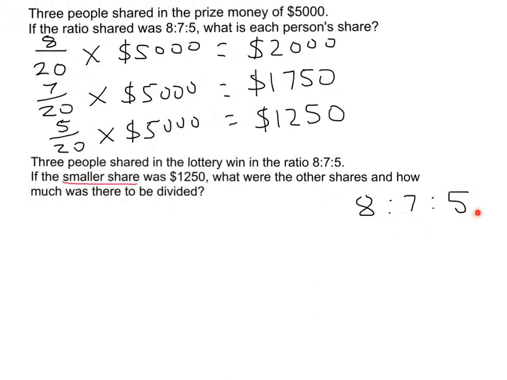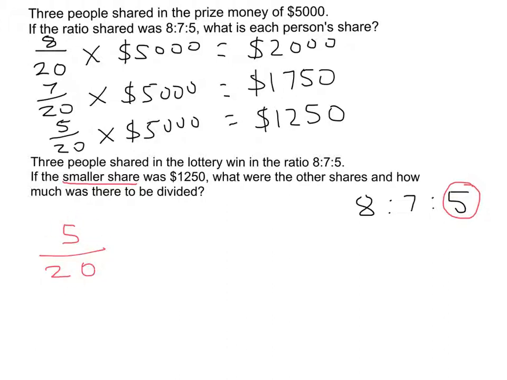So the smaller number here is the number 5. So if we were to write that as a fraction, then it would be 5 over 20. Why? Because 5 represents a part of all the parts, so a portion of the whole. So because it's a portion of the whole, it will be the numerator.